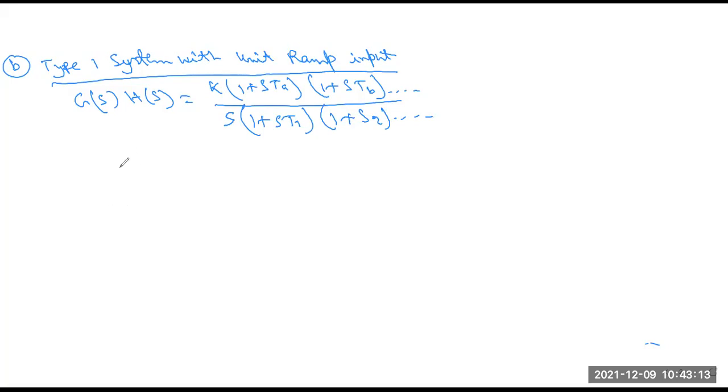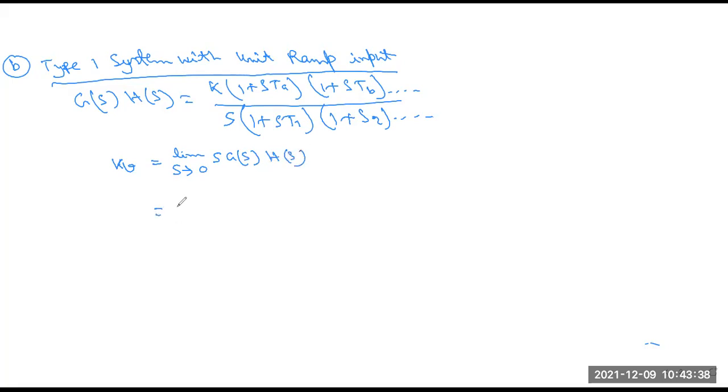So what is the ramp input function? We know that for velocity we have to measure Kv, the velocity constant. We discussed it clearly in previous classes. So the equation is limit s tends to 0 of S G(s) H(s).